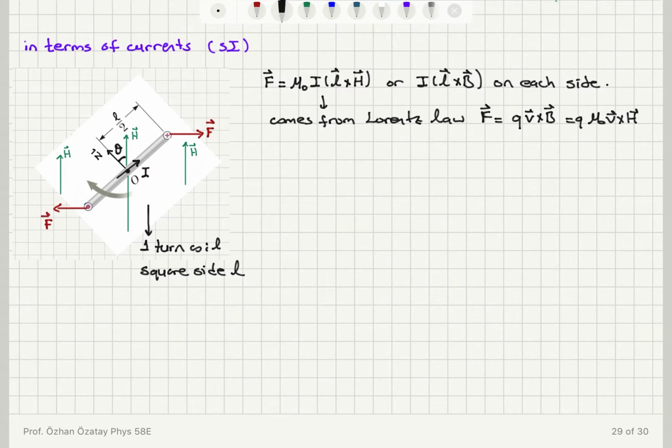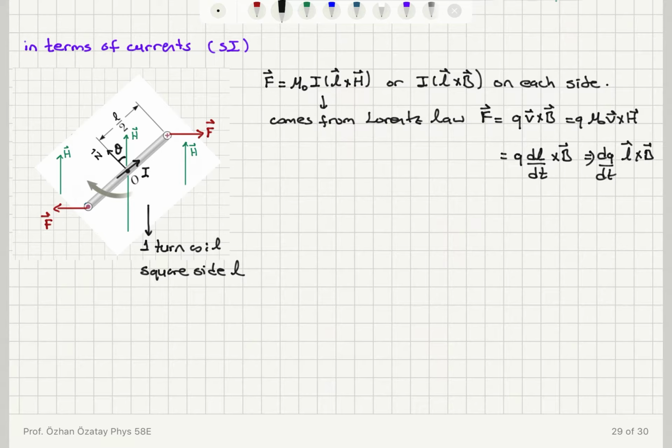And if you look at this, this is Q dl dt cross B. So if you have a current carrying wire, then for a given length L, you have dq dt L cross B, so that will be I L cross B. So that's what it becomes. It's the same thing as Lorentz law.